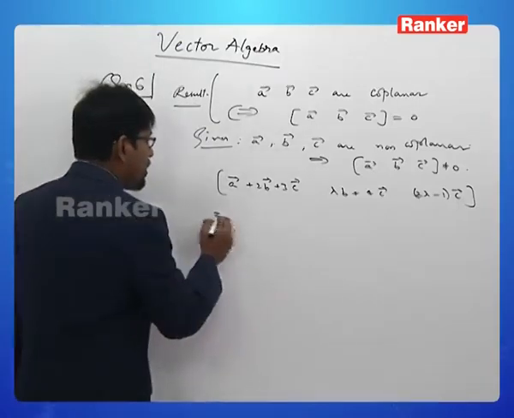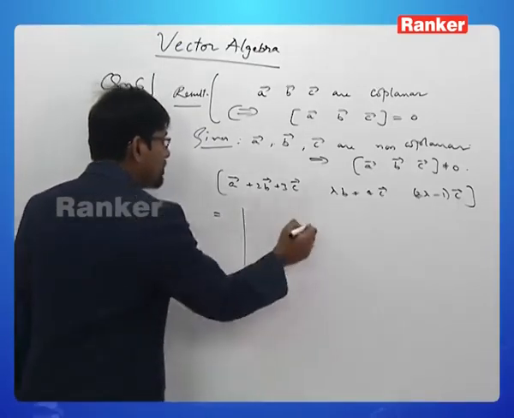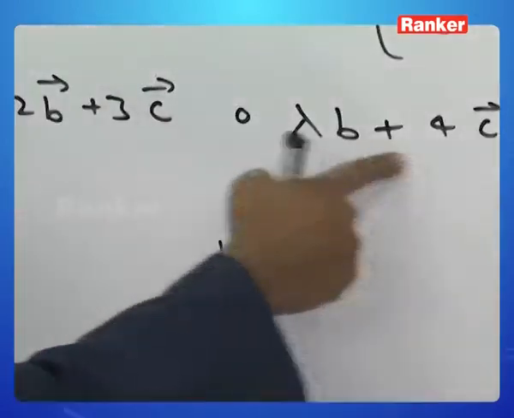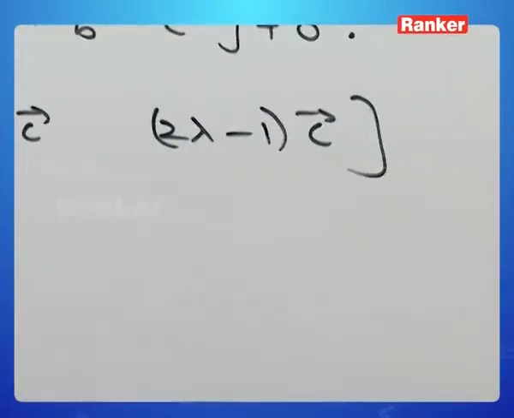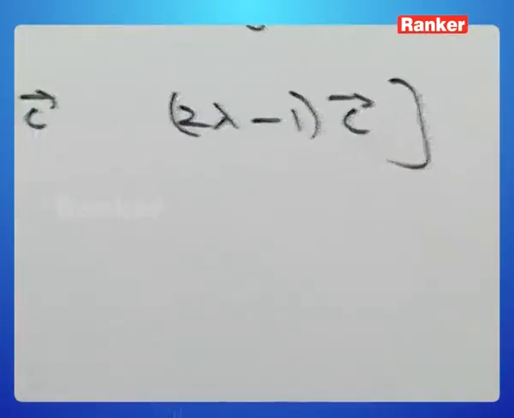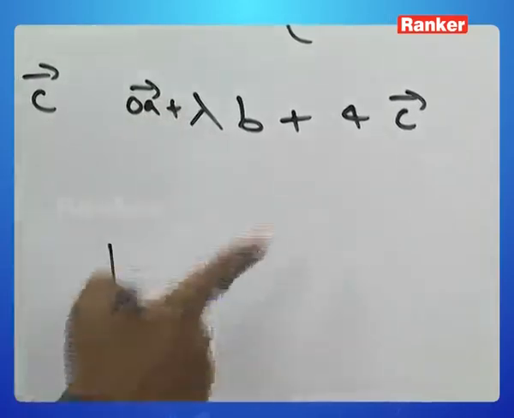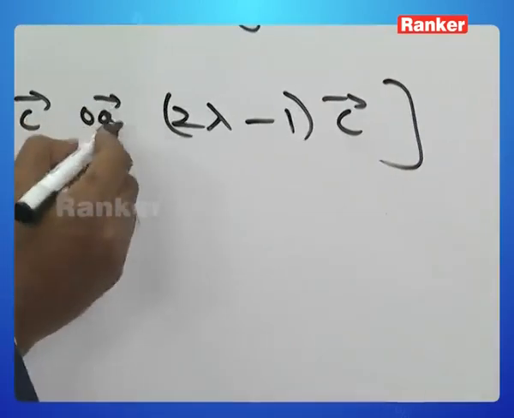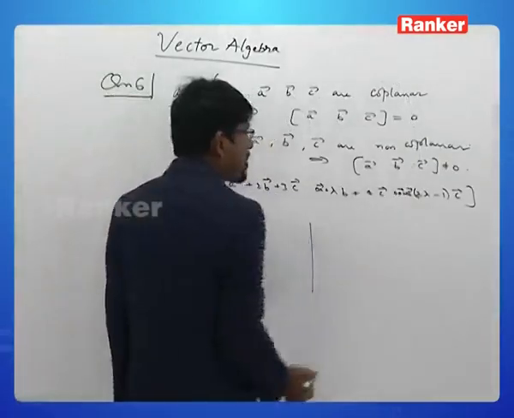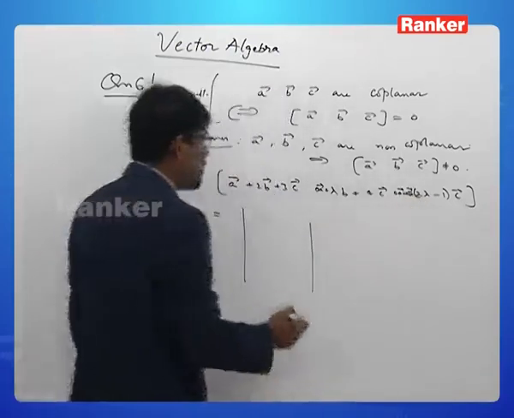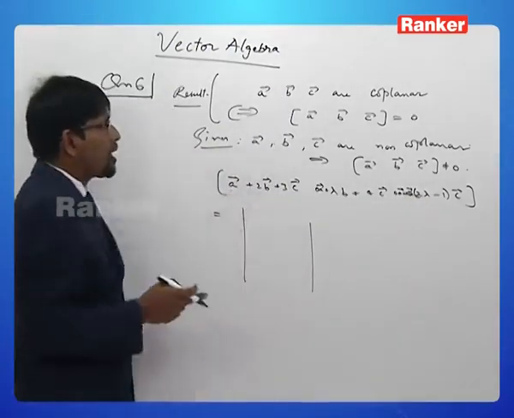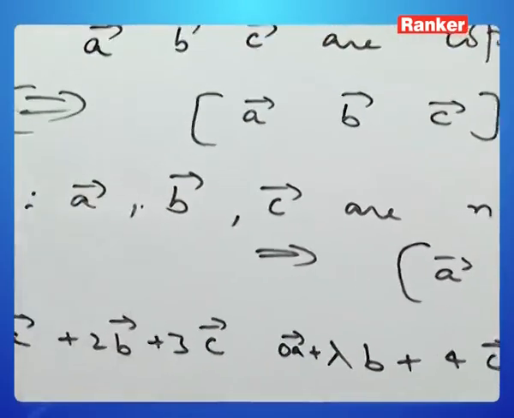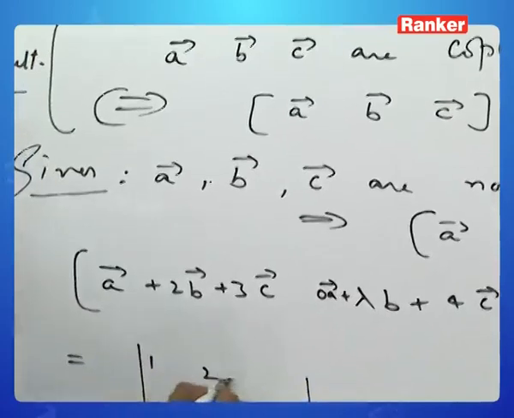Now let's write each vector as a linear combination of a bar, b bar, c bar. So 0 into a bar plus lambda into b bar plus 4 into c bar. The third vector we can write in the form of 0 a bar plus 0 b bar plus (2 lambda minus 1) into c bar. So this vector with respect to these three non-coplanar vectors has the components 1, 2, 3. So that will be written here: 1, 2, 3.